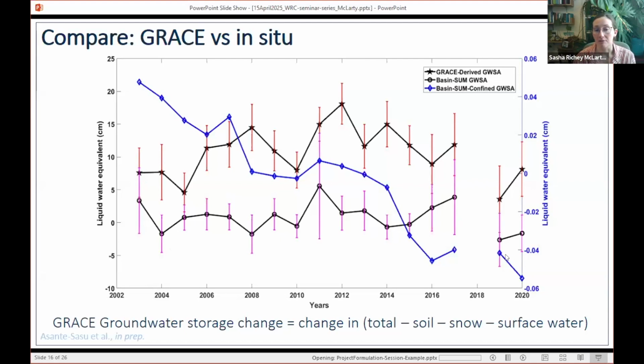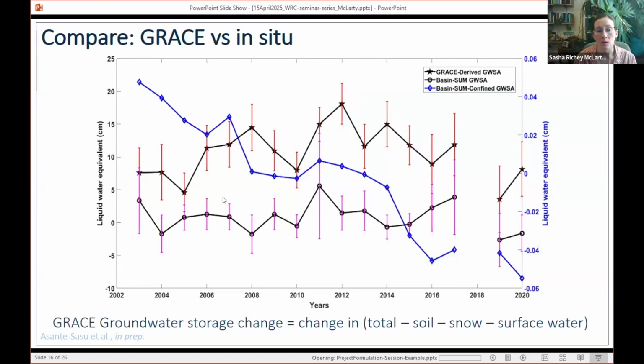This blue line, the confined, which is what matters to people who have wells, is just noise in the GRACE signal. I didn't even bother putting the uncertainty bars on here, although we have that elsewhere. They just end up inside the confidence interval of GRACE. In other words, there's not a statistically distinct signal from the confined portion compared to the GRACE observations.